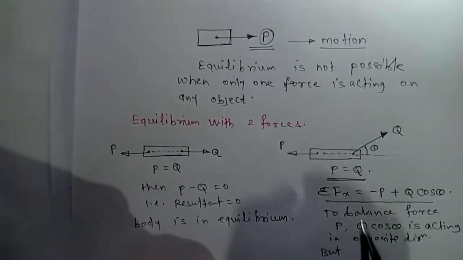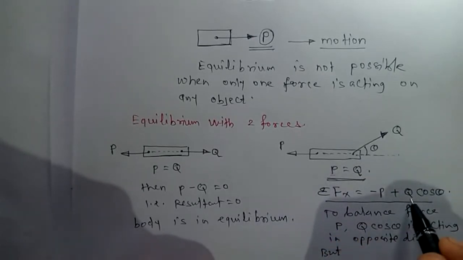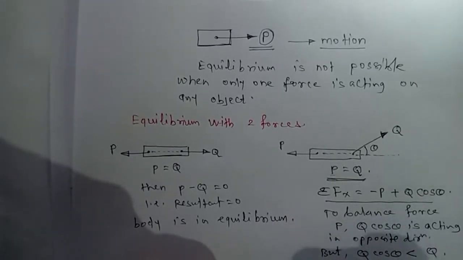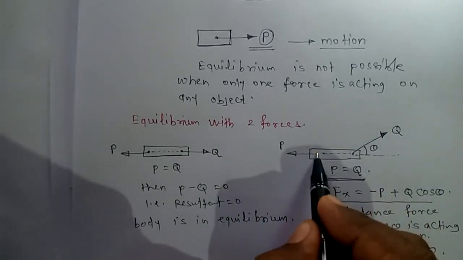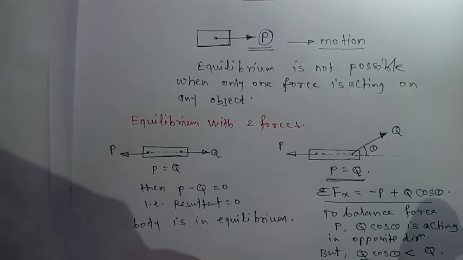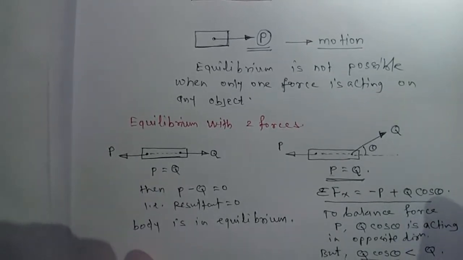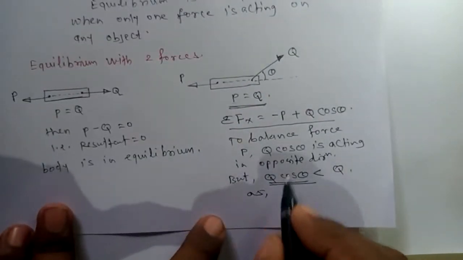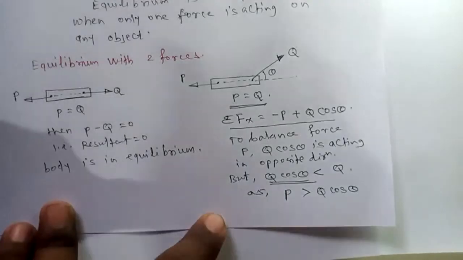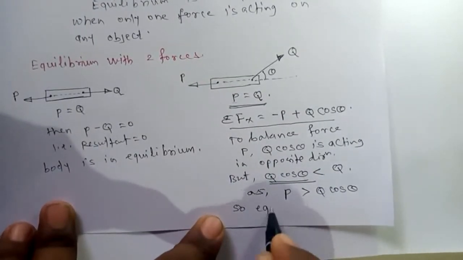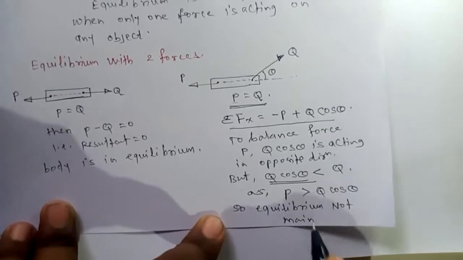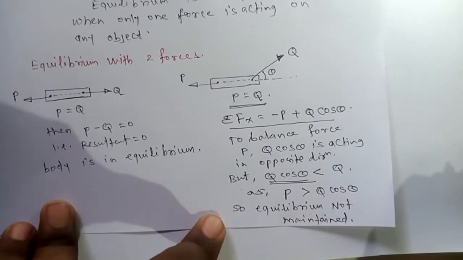But as it is given here that P is equal to Q, therefore Q cos theta will definitely be less than Q. And if Q cos theta is less than Q, that means the object will move towards the left side because P is more than Q cos theta. So equilibrium is not maintained.